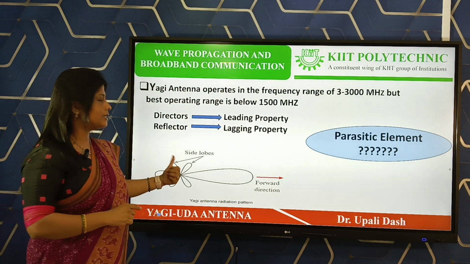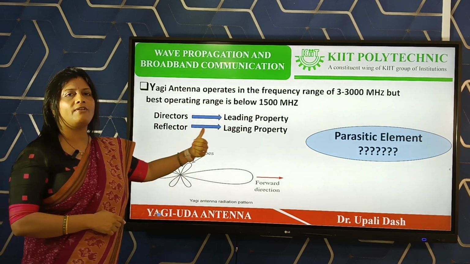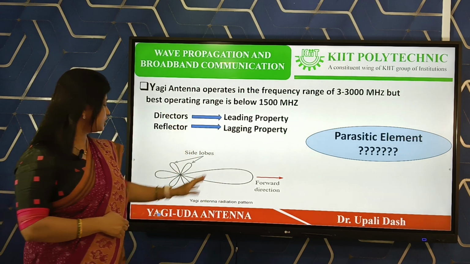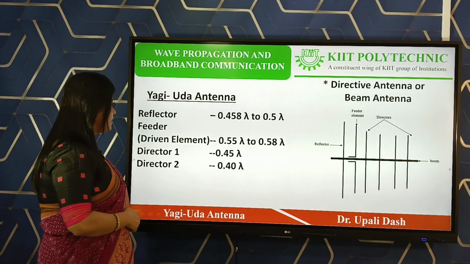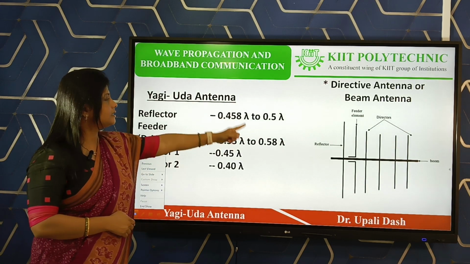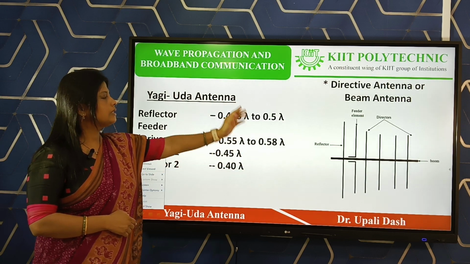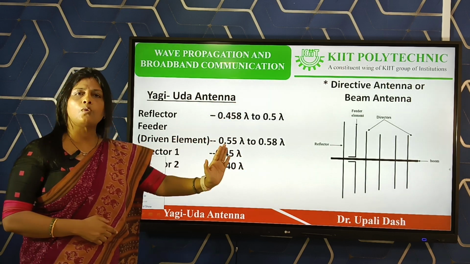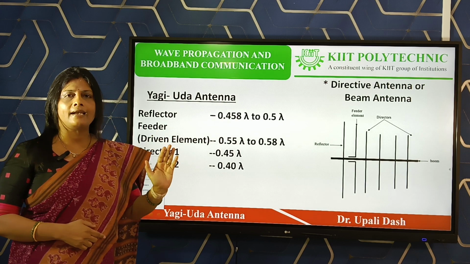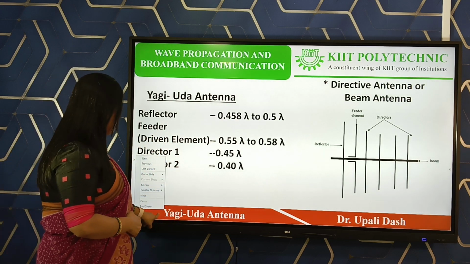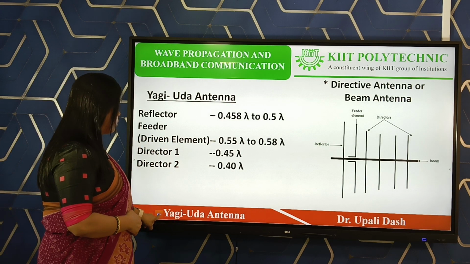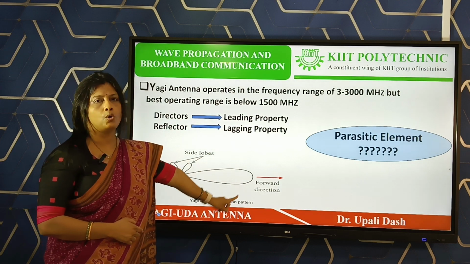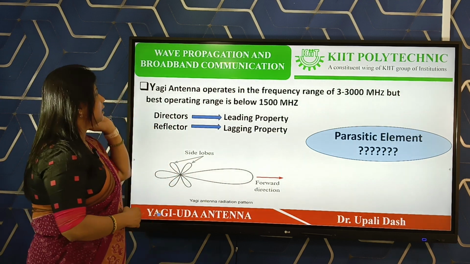To avoid those side lobes and the back lobe, the reflector is used. In the earlier slide you see the reflector length is a bit bigger. The bigger size of the reflector helps to reduce the side and back lobes, because our target is to get only the forward direction lobe, or directivity.